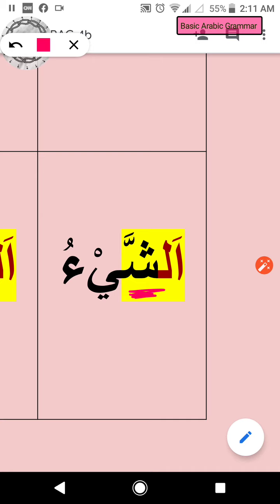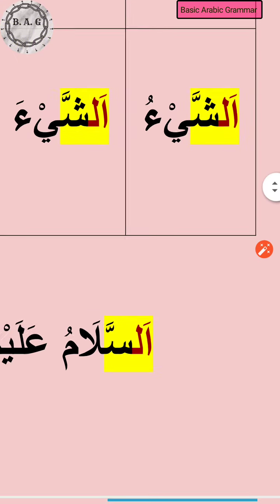Since it is not present in that group, this sheen is going to silence this lam, and therefore we attach this hamza directly to the first letter of the word it is meant to be attached on. So ash-shay'u, that's how we get landed with it.